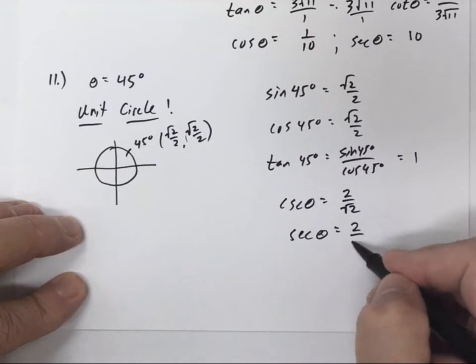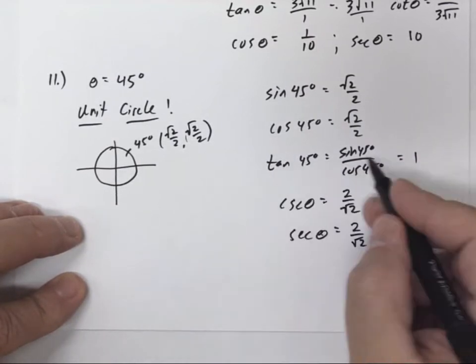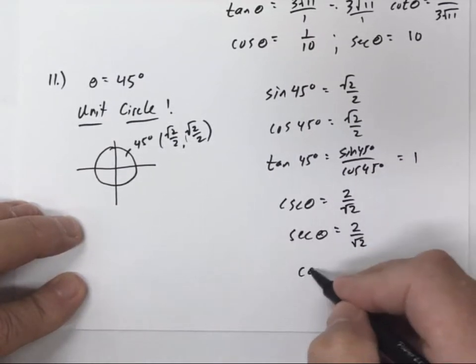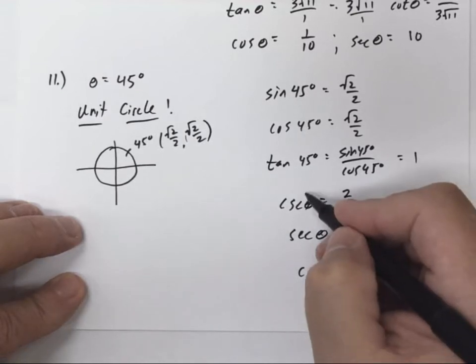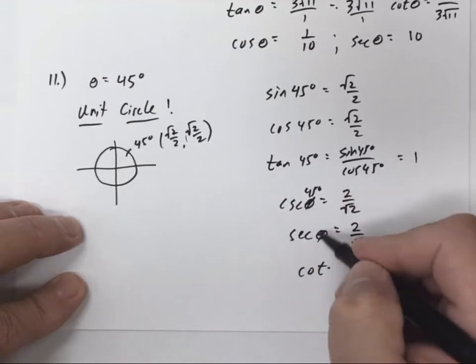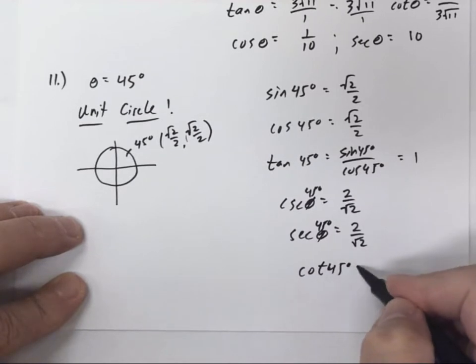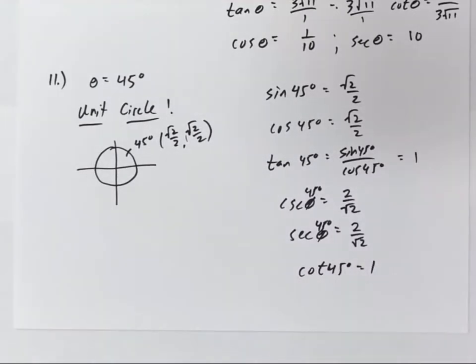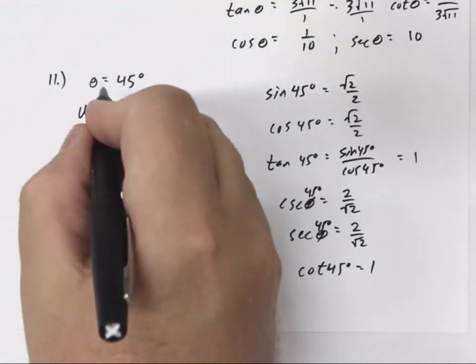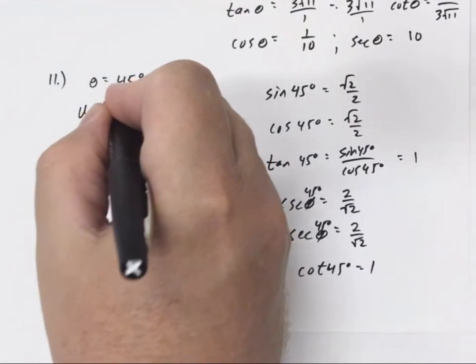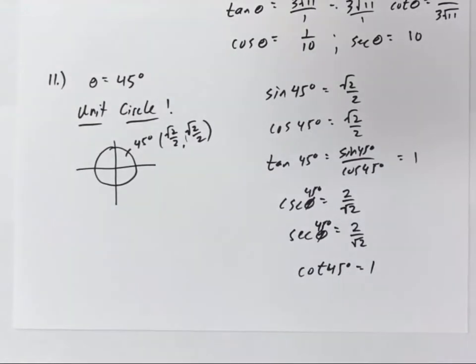It's also 2 over square root of 2. Cotangent is the reciprocal. Oh, I should have said 45 degrees. Cotangent of 45 degrees. Wow, not very hard at all, once you know the trig functions for that angle.